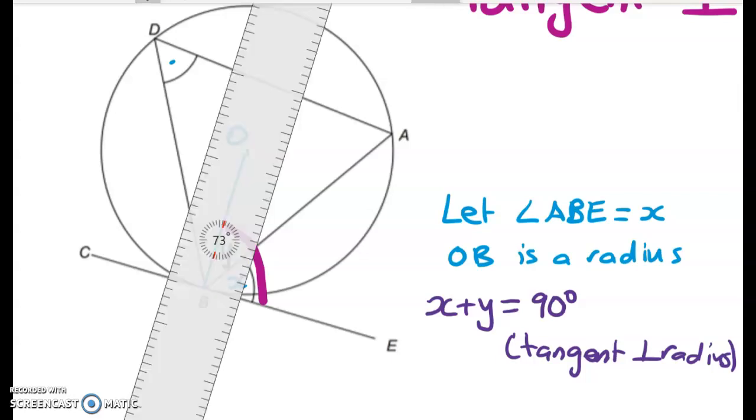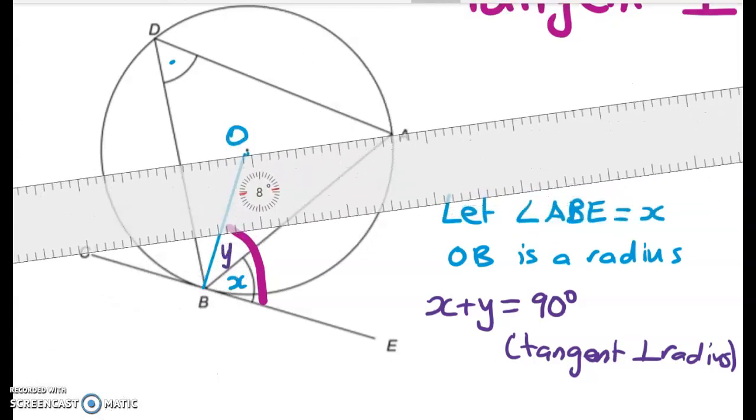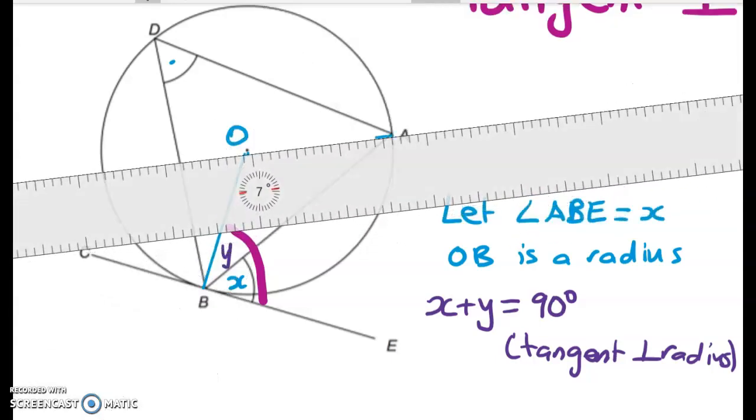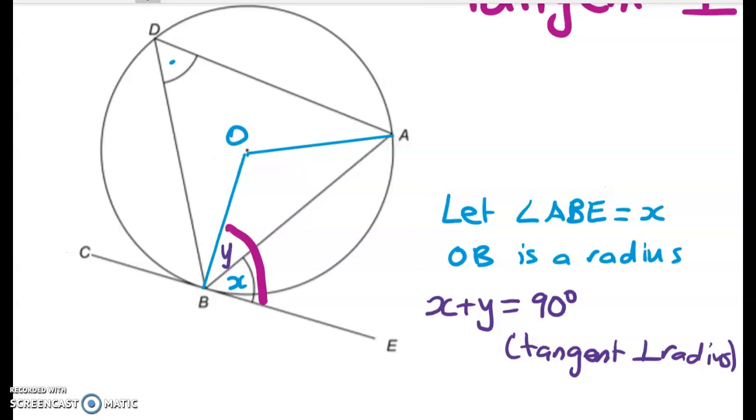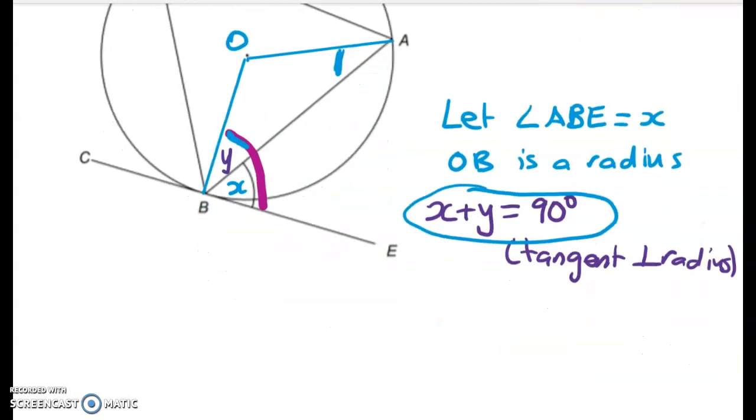Okay, well hopefully you saw that we can draw in an isosceles triangle. So look at that. Now we've got a little triangle and a big triangle. So we know that this angle here must equal this angle here. We know that X and Y are linked because they have to add up to be 90 degrees.